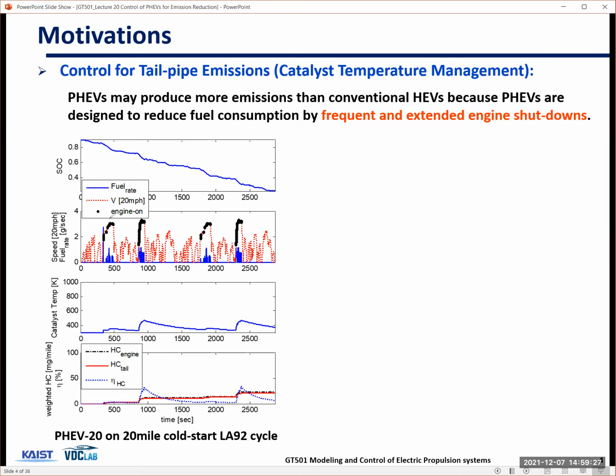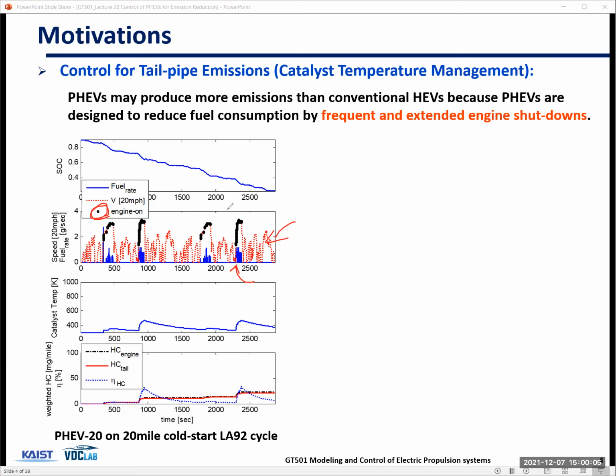So this black dot is the engine-on operating point. And this is the drive cycle. And this is the fuel consumption rate. Because this is a PHEV and you have a large motor and battery, you don't have to use an engine unless your motor and battery cannot provide the demanded power, right?